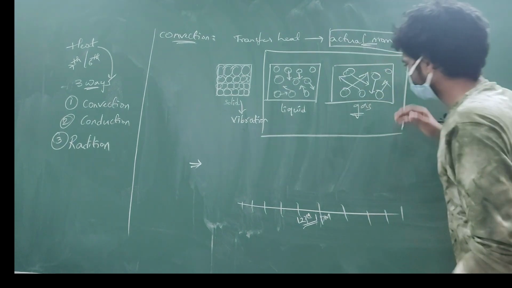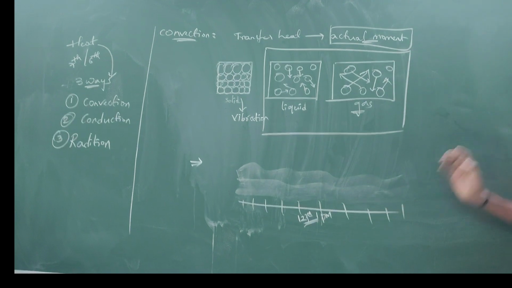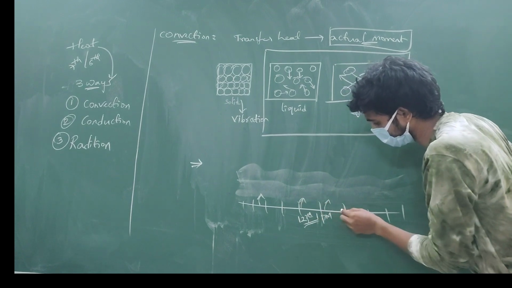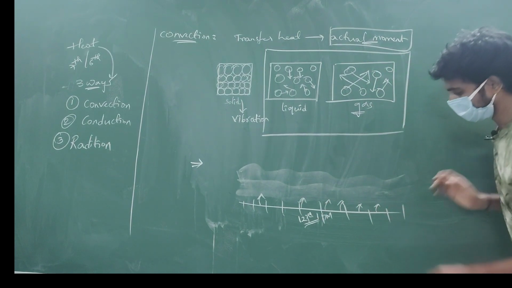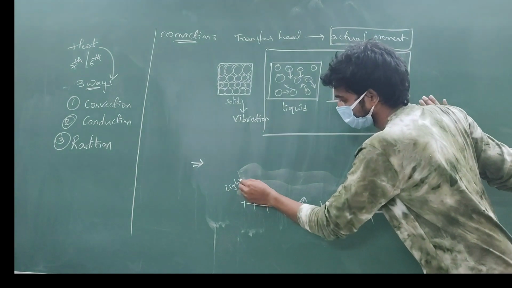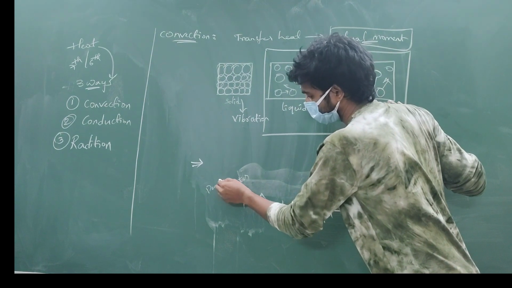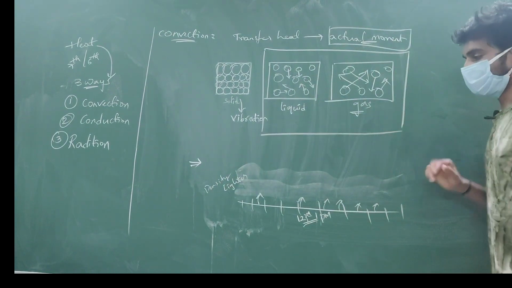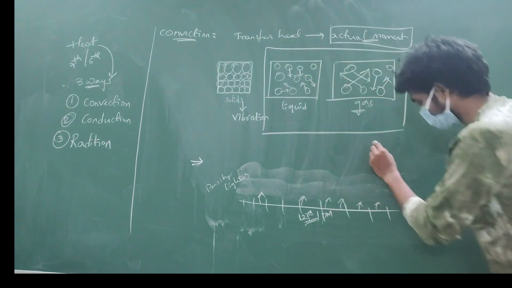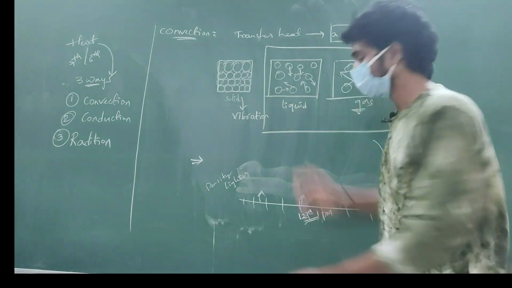Now, if you consider the air present here, this air absorbs the heat energy from the land, and then it becomes lighter. Its density becomes lighter. Normally, particles having a higher density come to the bottom, and particles having a lighter density move to the top.